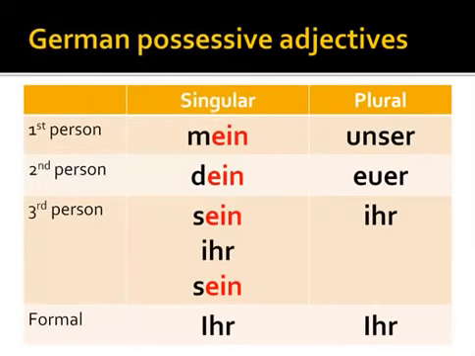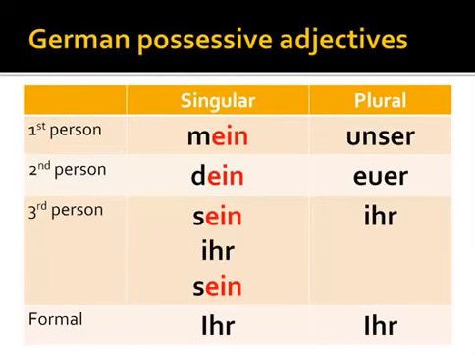So this is a powerful reminder that when we use possessive adjectives in German, we will decline them in the same way that we do the indefinite articles. However, you'll also notice on the screen that there are other possessive adjectives that do not have the ein word at the root of the possessive adjective.